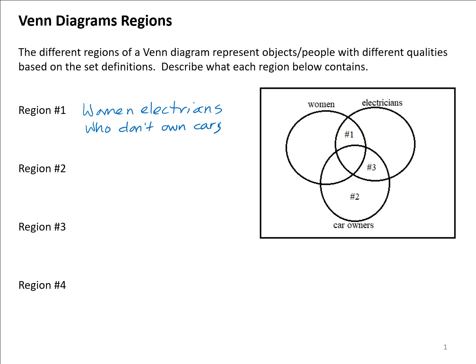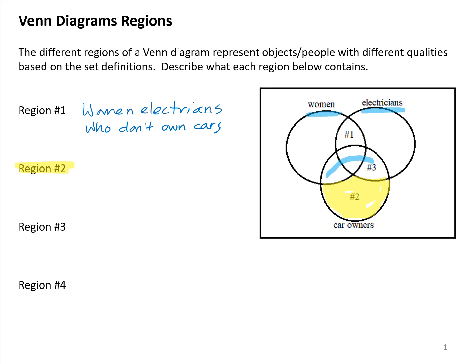All right, so region 2, that's a different part of the diagram. Let me highlight that here. Region 2, down here. This is definitely in the car owner circle, so these are car owners, but you'll notice that it excludes the part of the car owner circle that overlaps with women and overlaps with electricians.